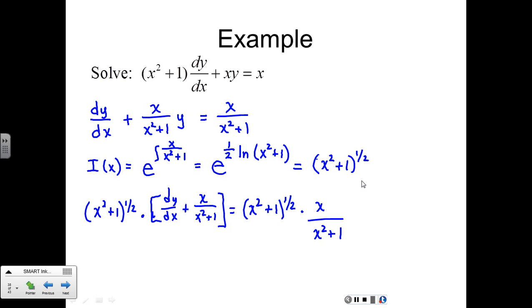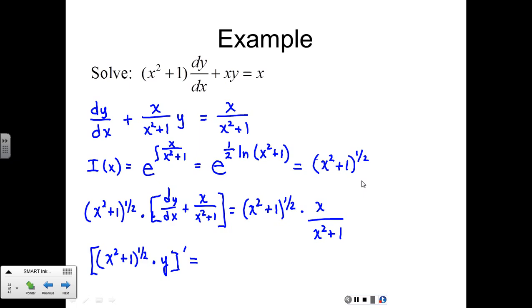Okay, on the left side, then we should get the integrating factor times y prime. How in the world is this one going to clean up? Do y'all know? Not yet.